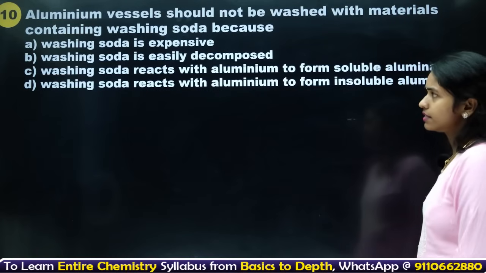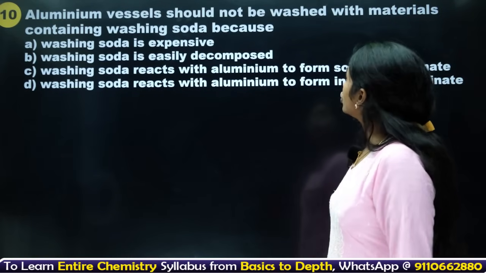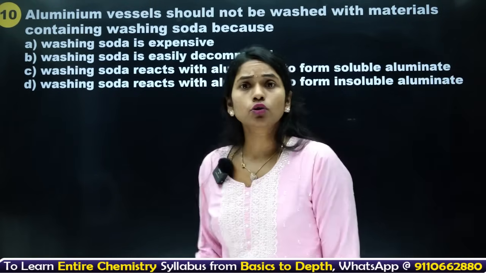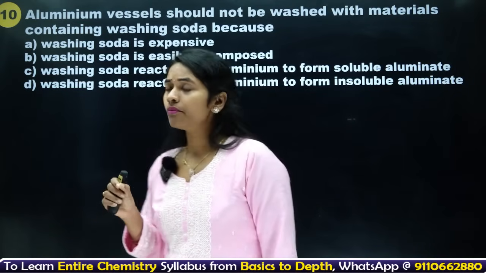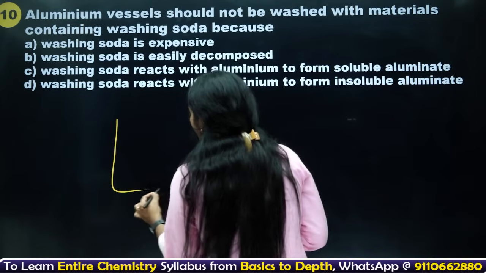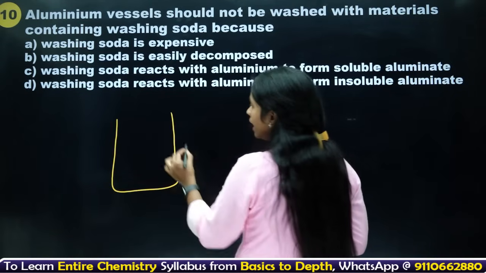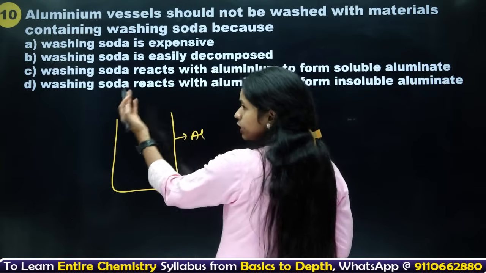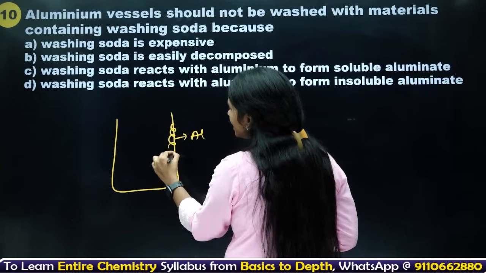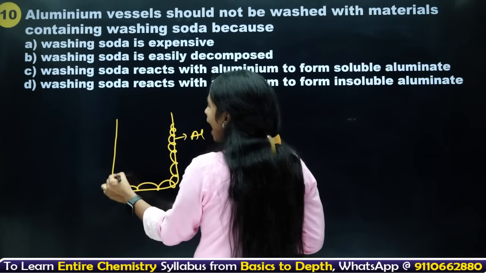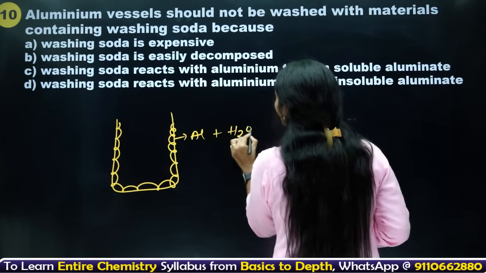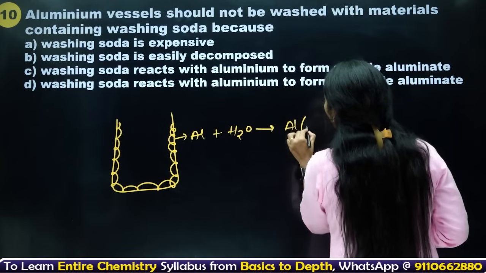Aluminium vessels should not be washed with materials containing washing soda. Why? When an aluminium vessel first comes in contact with water, it immediately reacts with water and forms aluminium hydroxide, which is a protective layer around the aluminium.